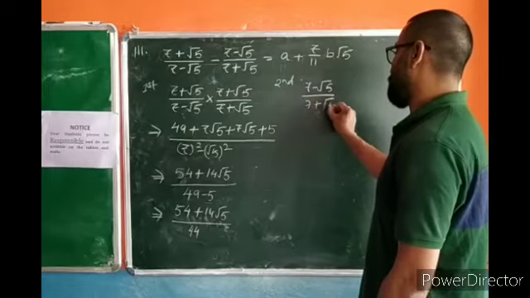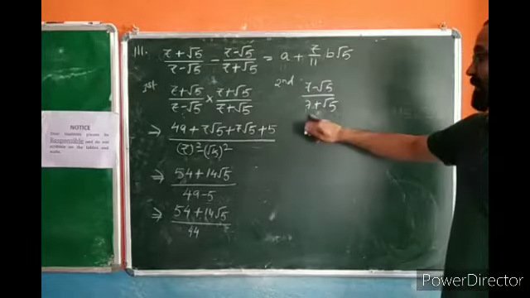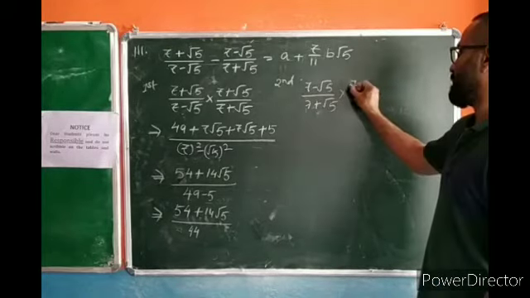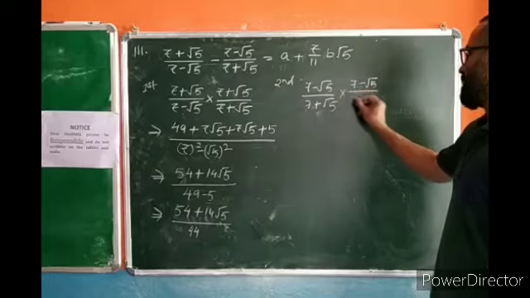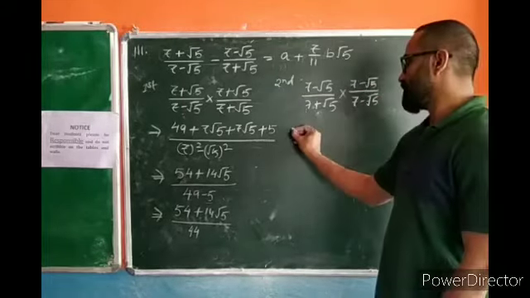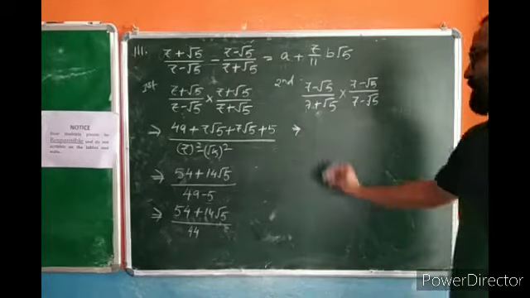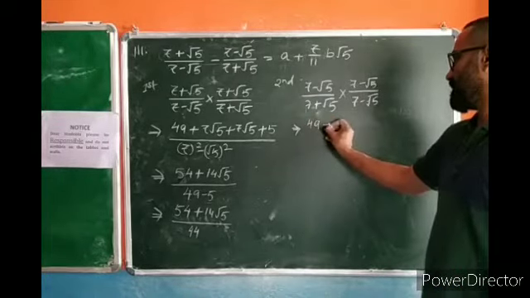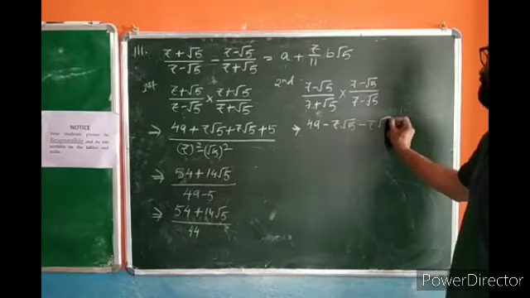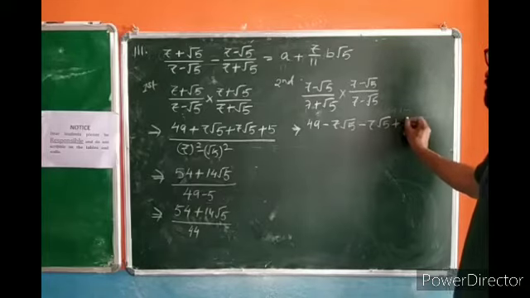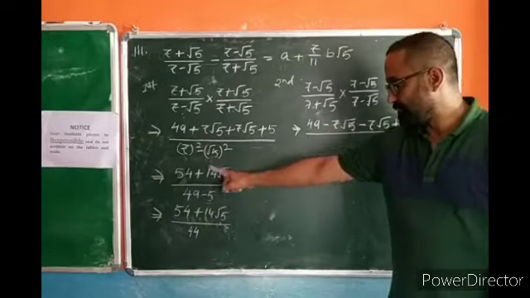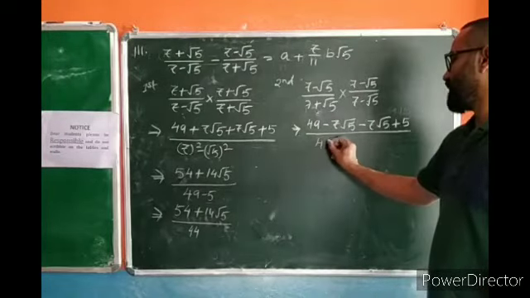There is a positive sign at the denominator, so the rationalizing factor is negative: 7 minus root 5, 7 minus root 5. Multiplication now. 7 multiplies 7 is 49, minus 7 root 5, minus 7 root 5, minus into minus is plus 5, divided by the same formula, same calculation, so it is 49 minus 5.